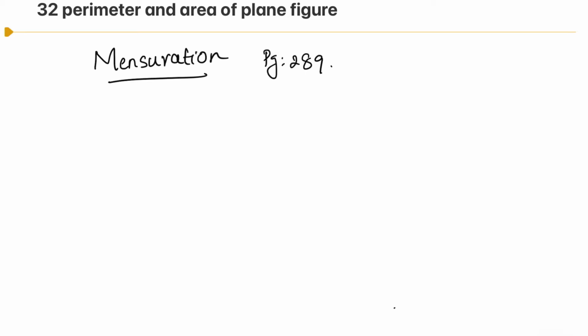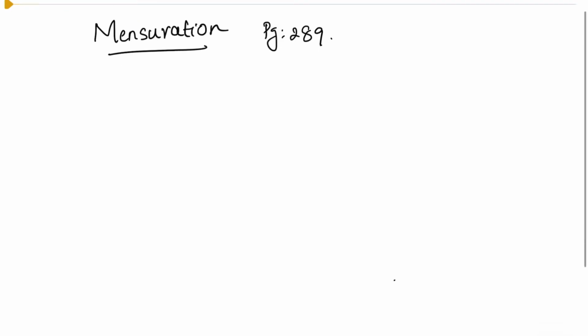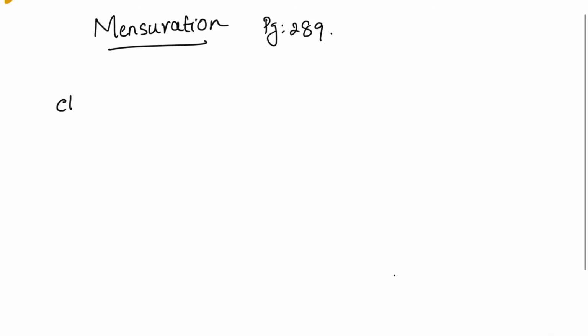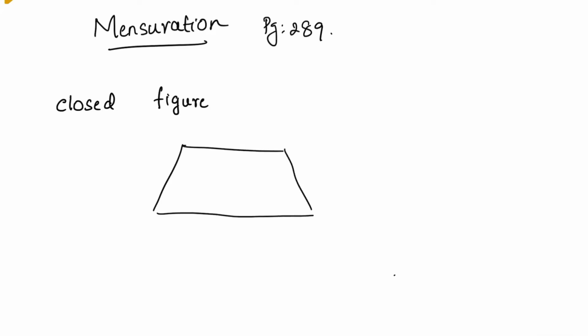So let me explain a few concepts which will come under the mensuration topic. Here we have a closed figure. What is a closed figure? Coming to the closed figure, we can see the figure drawn here.